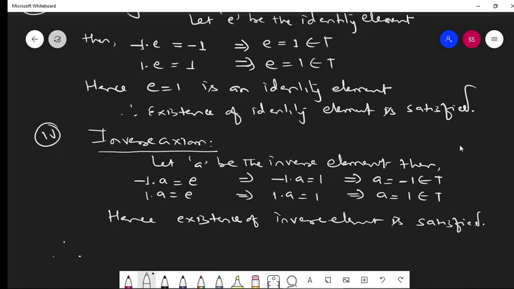Therefore, all four conditions are satisfied. All the axioms of a group are satisfied.